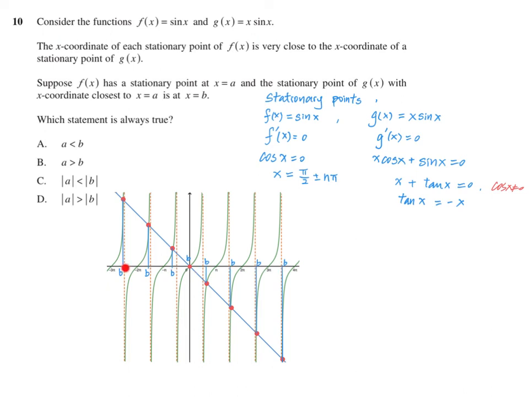Therefore, the value of a is the intersection between the orange line and the x-axis. From the graph, we can see that at a and b equal to 0, they have the same value, but for negative values, b should be less than a. But for positive values of a and b, a should be less than b. Therefore, the answer is C.